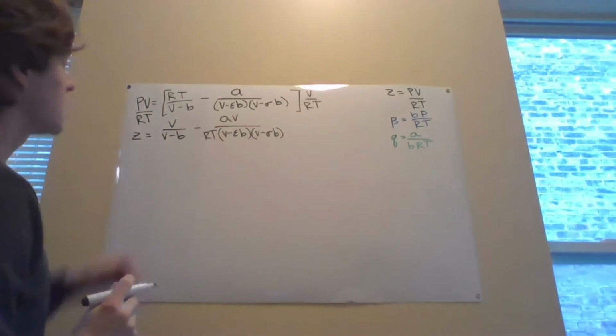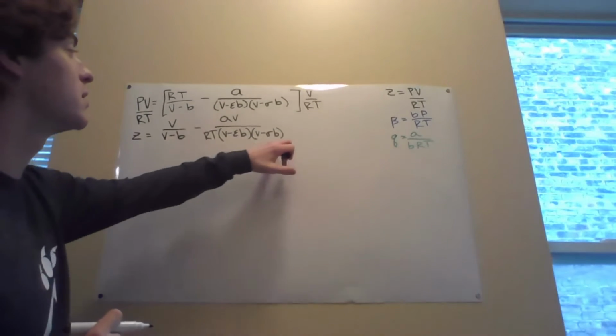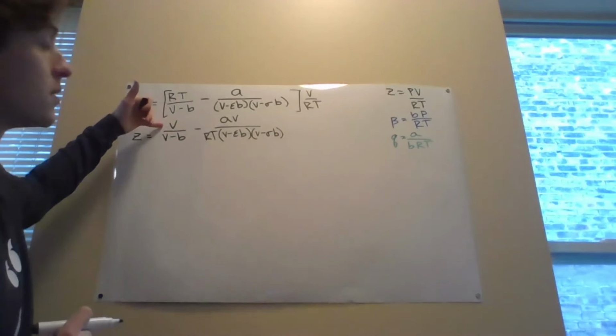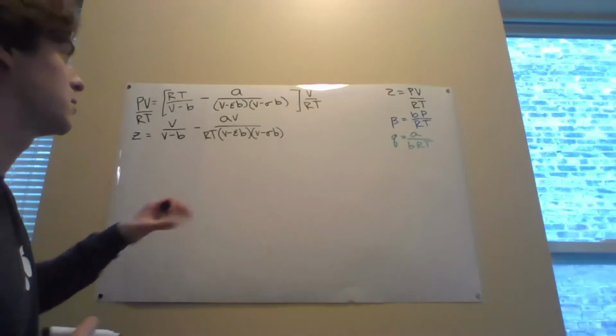So what I'm going to do next is I'm going to factor out V from the bottom of this equation. So we'll have 2 over here and 1 over here, and it'll cancel out with the volumes in the numerator and start to clean up the expression a little bit.